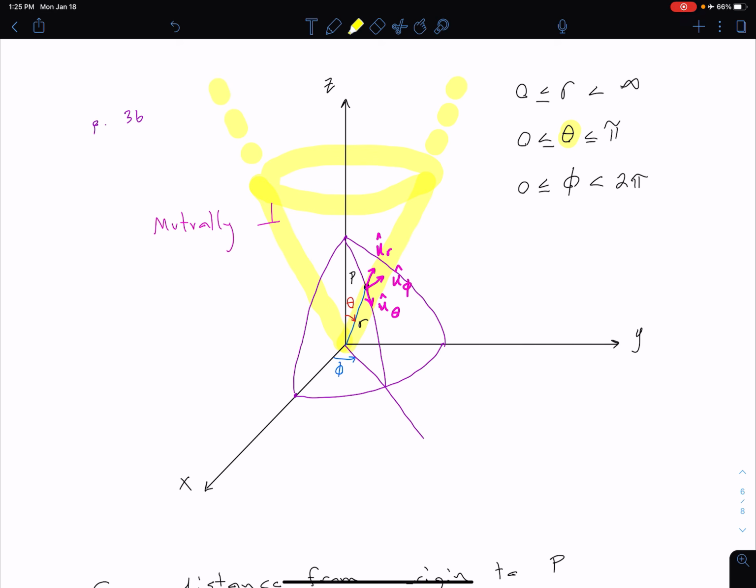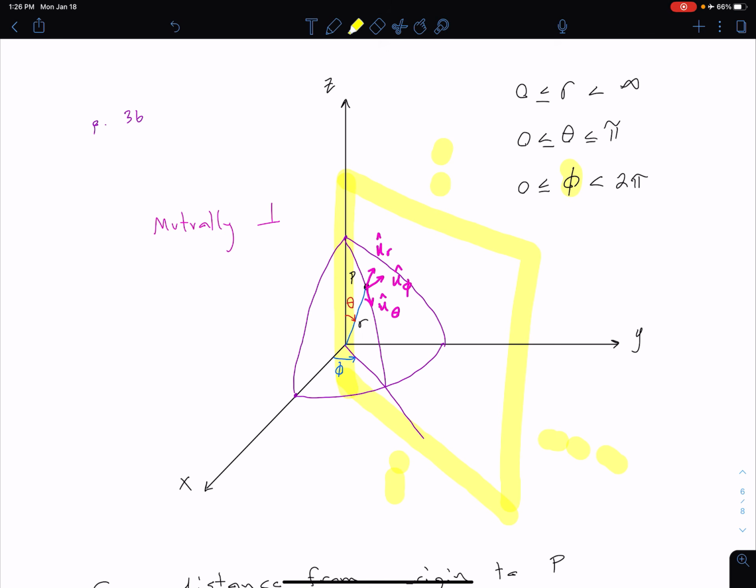Now finally, we can talk about phi, which we talked about a little bit in our previous video, which would just be a semi-infinite plane that extends in this direction. So that would be any r value, any theta value with a fixed phi.